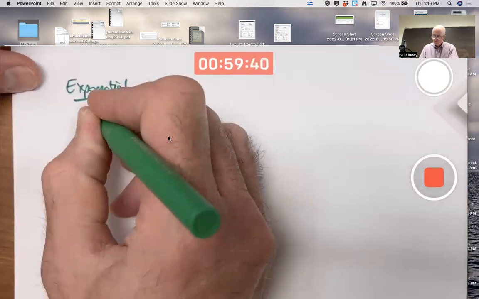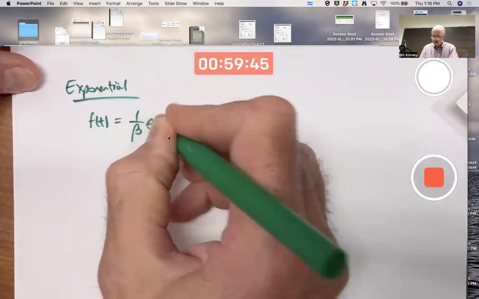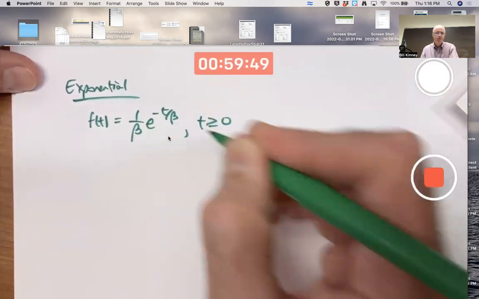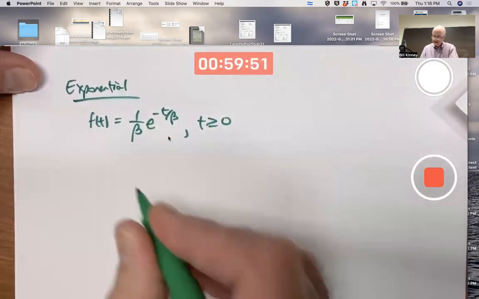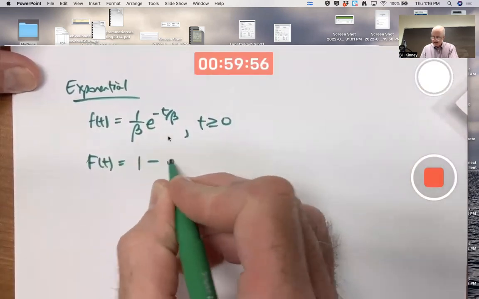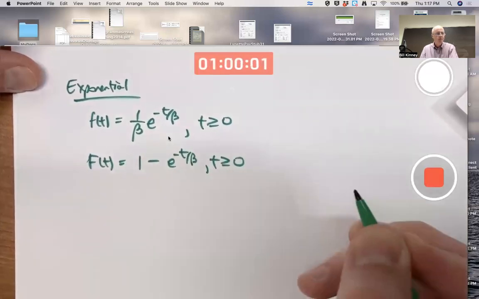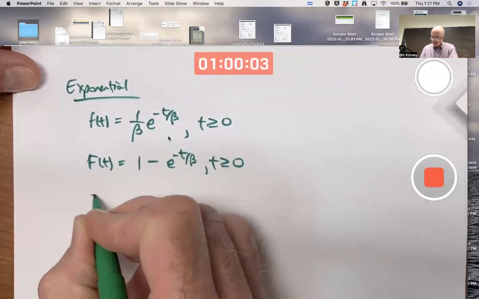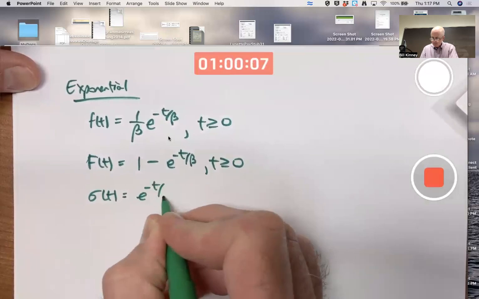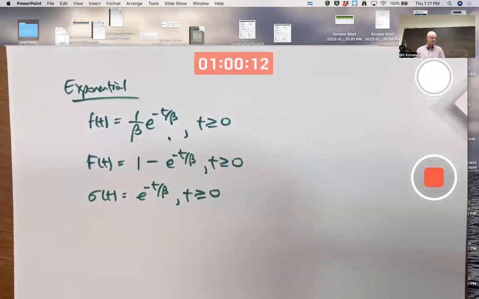We know the PDF is 1 over beta e to the negative t over beta when t is greater than or equal to 0. We know the CDF, capital F of t, is 1 minus e to the negative t over beta when t is greater than or equal to 0. We know the survival function, sigma of t, is 1 minus that, which is this. We talked about this a few minutes ago when beta was 75.